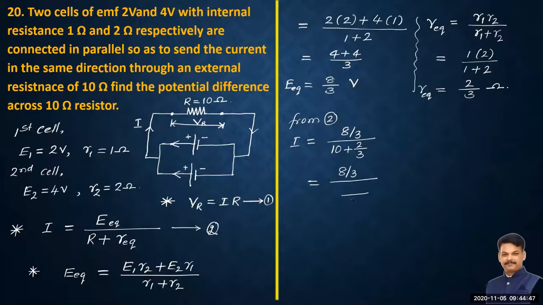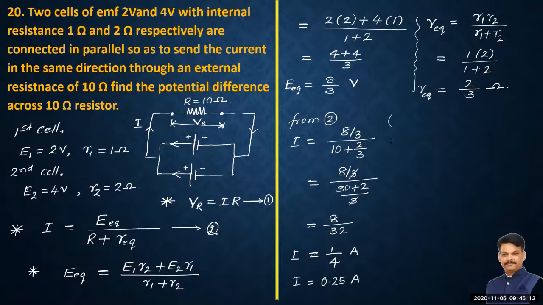The denominator is 3, 10 into 3 is 30, 30 plus 2. So 3 and 3 cancel. Hence the answer is 8 divided by 32, or it can be written as 1 by 4. So current is 1 by 4 ampere, or 0.25 ampere.